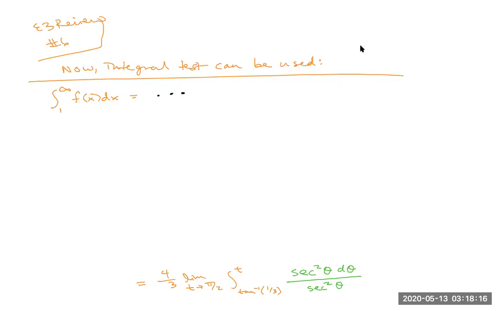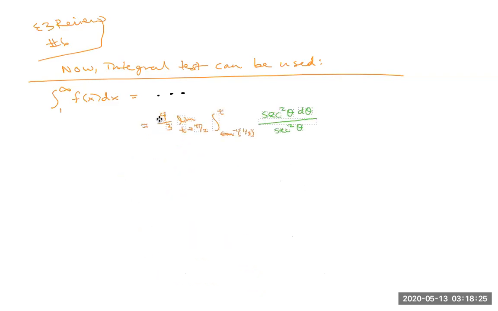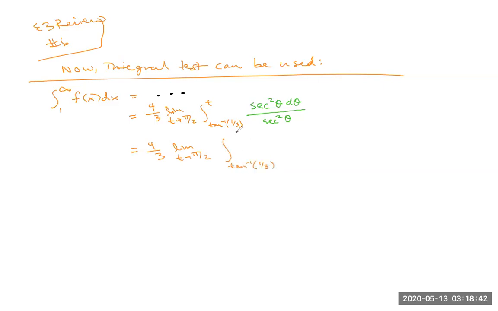Okay, and then we'll just move this bit up. There we go. Okay, so we have 4/3 limit as t goes to pi over 2. Tangent inverse 1/3 on the bottom, t up top, and then we get d theta inside of our integrand.